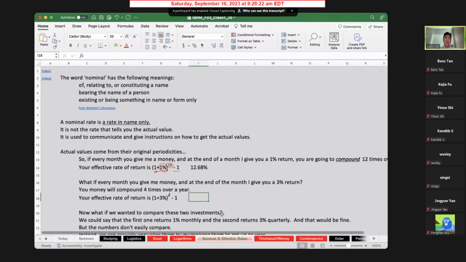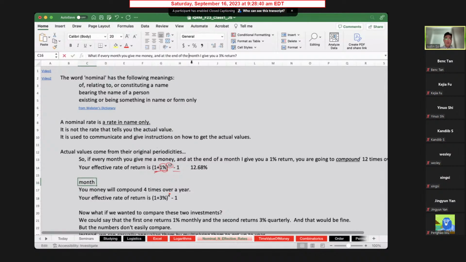Now, there's another investment or bank account that gives you 3% return every quarter. This needs to be a little corrected, so in your file, it also has an error.